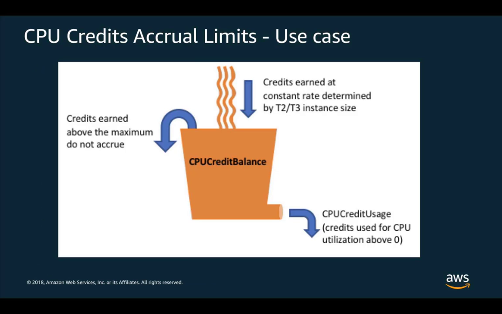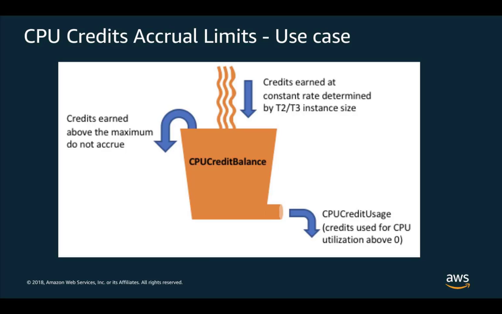While earned credits never expire on a running instance, there's a limit to the number of earned credits an instance can accrue. So the limit is determined by the CPU credit balance limit. Once this limit is reached, which is the size of the bucket for the instance size, any new credits that are earned are discarded, as indicated by this picture where the bucket is full, the CPU credit balance is reached, and the spillover indicates that any newly earned credits exceeding the limit will not be part of that CPU credit balance.